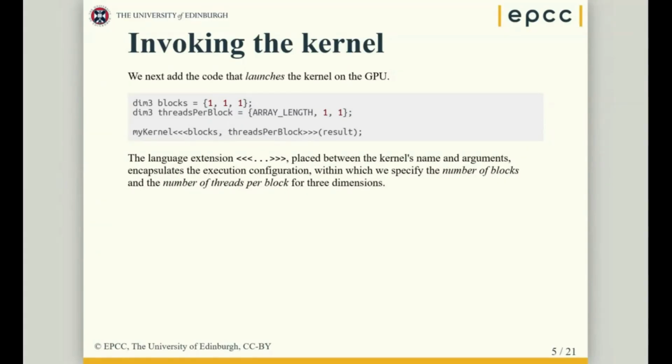So the block will be 1D. And when I call my kernel, the function that I have defined before, I send, with this syntax, the blocks and threads per block. That has been defined here.